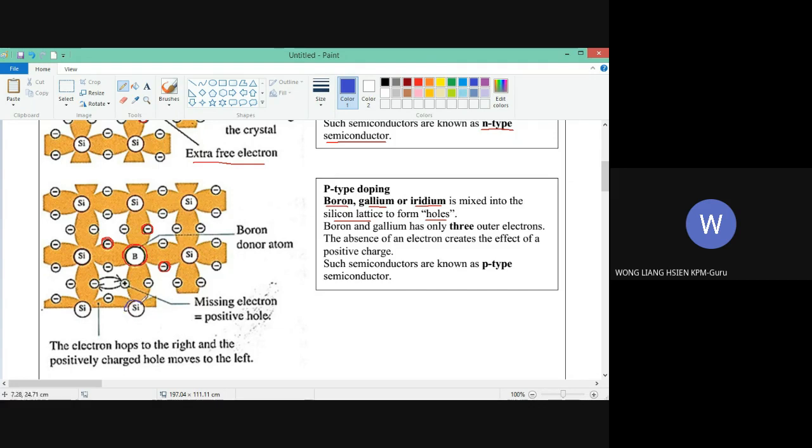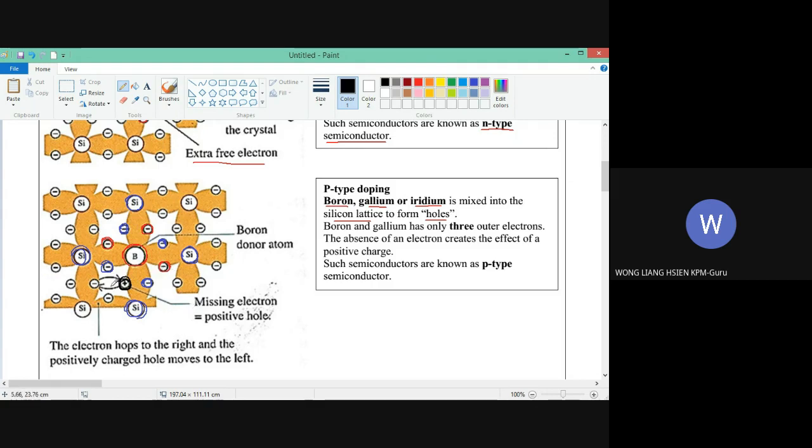This one is the silicon, and this is the electron that belongs to this silicon. This is silicon, this electron is the silicon one. This is silicon, this electron belongs to the silicon. So you see the boron only has 3 valence electrons. So that means here there is a hole, missing or short of 1 electron.